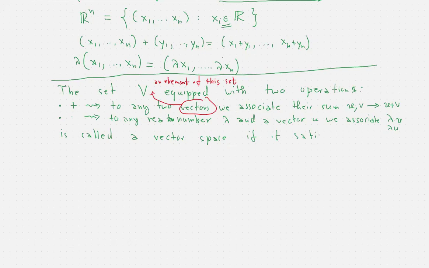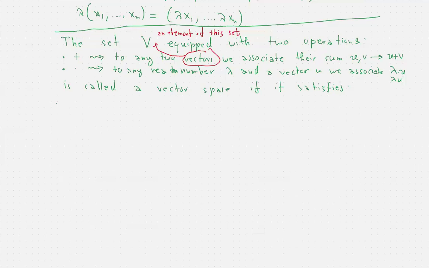So first of all, if you have 3 vectors, you can add first 2 of them and then the third one, or you can add the last 2 and then the first one, and you will get the same thing. So here we say for any, this symbol here means for any, u, v, w that belong to V.